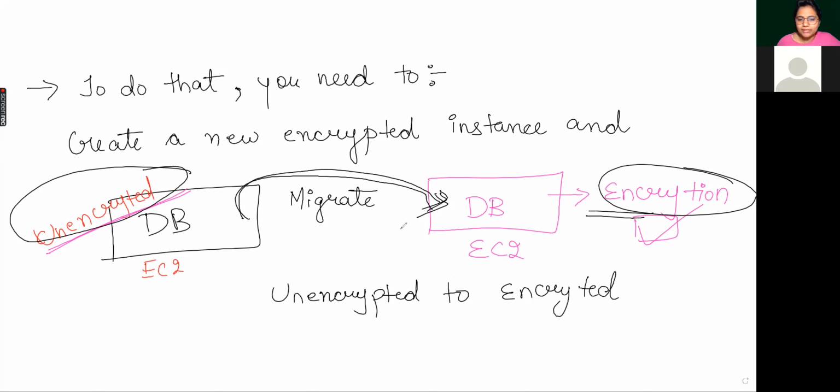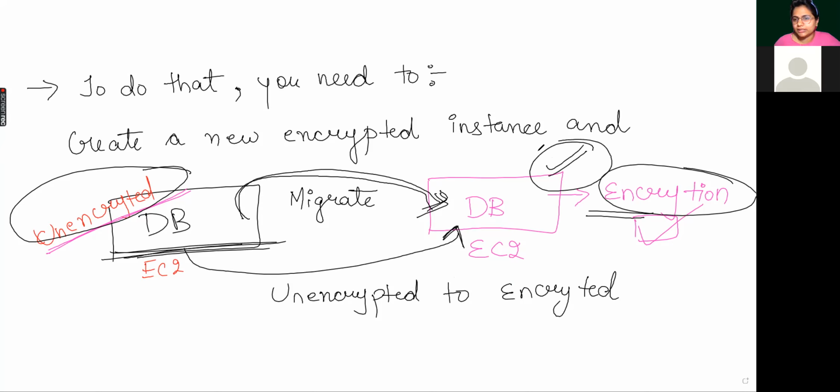In this way, all the data inside this database is transferred to the encrypted one, so the data is now encrypted. This is one way in which you can encrypt a database that has already been created.